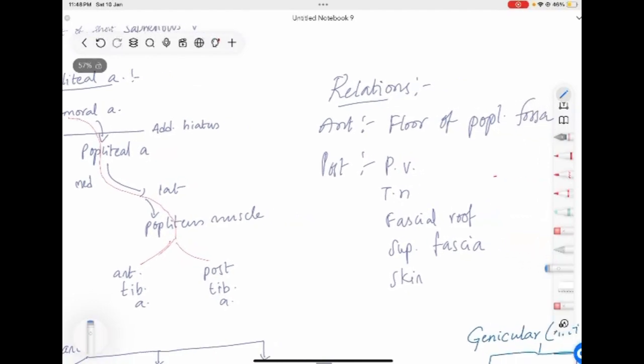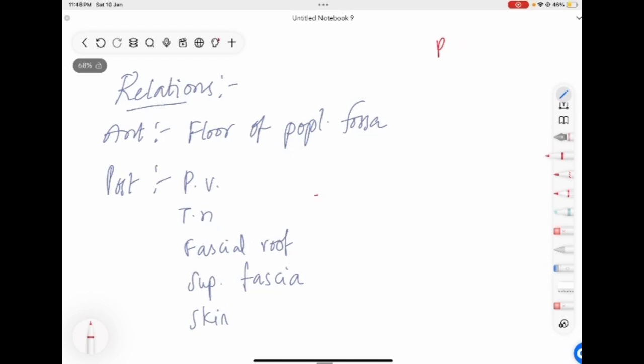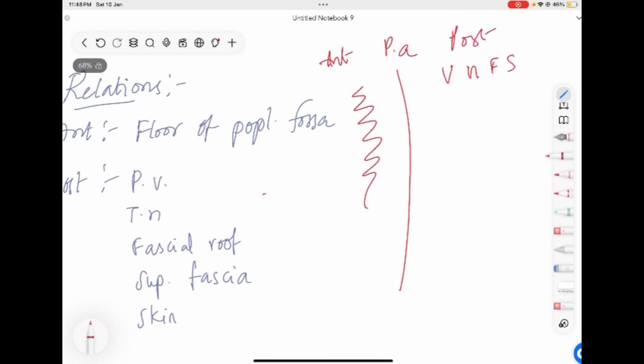Now let us talk about the relations of the popliteal artery. It is quite simple. If you take this as the popliteal artery, anteriorly it is related to the floor of the popliteal fossa, and posteriorly it is related to the popliteal vein, the tibial nerve, the fascial roof, the superficial fascia, and skin.